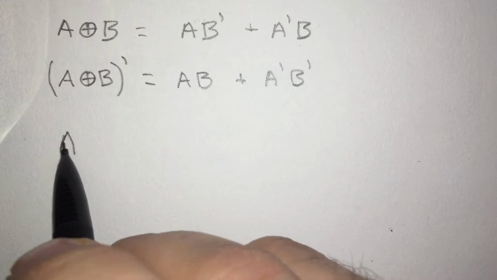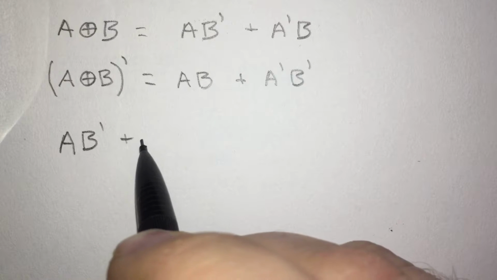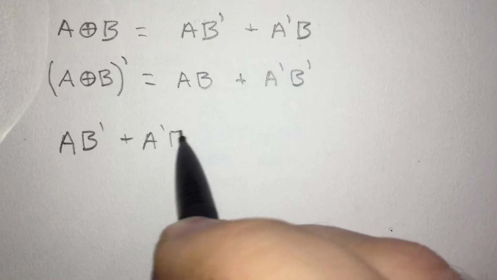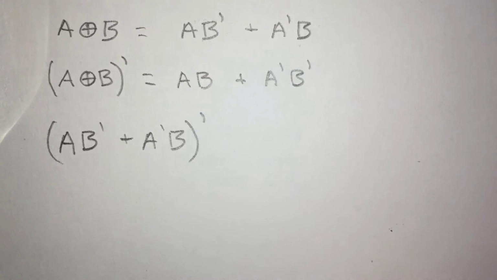So we have A B not or A not B, and negated.